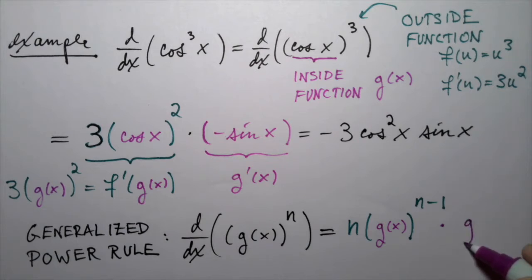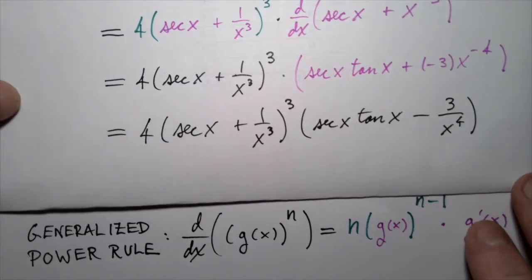And then we're multiplying by the derivative of the inside. That's what we saw in this example. That's the generalized power rule. Derivative of g of x to the n is n times g of x to the n minus first power multiplied by g prime of x. And we saw it in action in this example. But we actually saw it in action earlier as well.